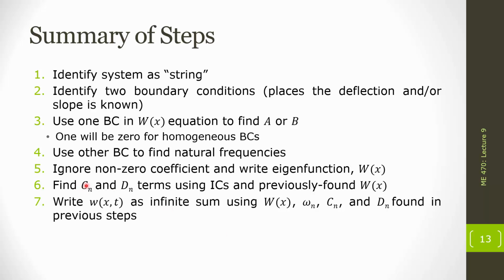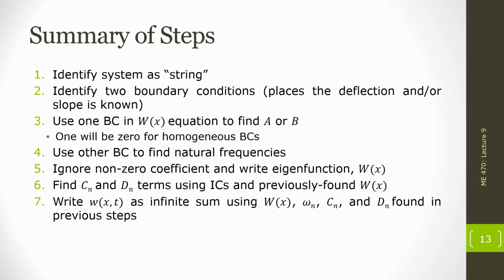Right, so we use those by doing integrals. We use our initial condition on the vertical position of the string, and we use the integral using the initial velocity at every point along the string. And that will give us the C's and the D's. We put those all together with the eigenfunction that we found previously, and that is how we get our w of x,t as an infinite sum of our eigenfunctions, those coefficients C and D, our natural frequencies, and we're going to see the right-hand side is a function of x and of t.